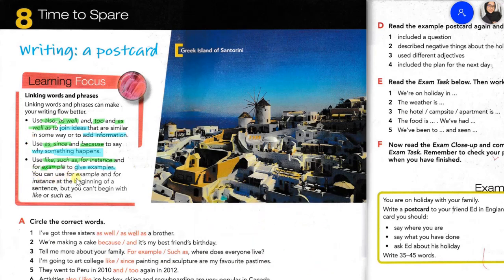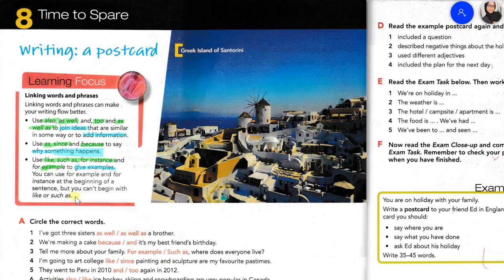You can use for example and for instance at the beginning of a sentence, but you cannot begin with like or such as. So at the beginning of the sentence, you use for example and for instance. Like or such as, you can use this in the middle of a sentence.